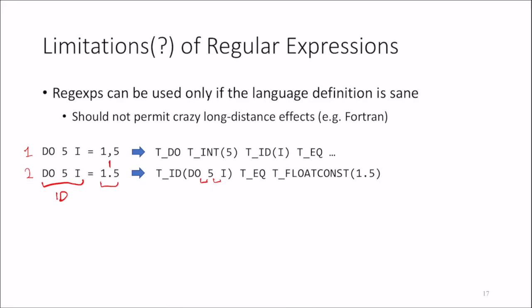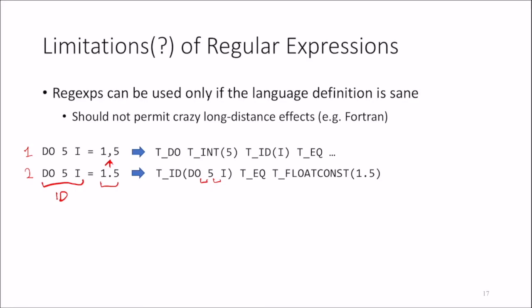If it was a comma, like in this case, then it would be a do loop in Fortran. So this is a case where you probably shouldn't be using regular expressions to capture this. But one could argue that the language specification should not allow you to do crazy stuff like this.